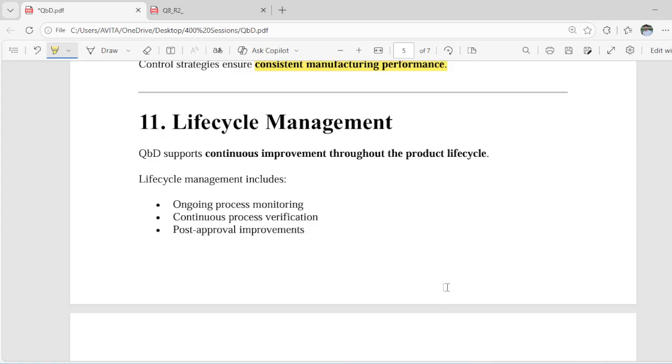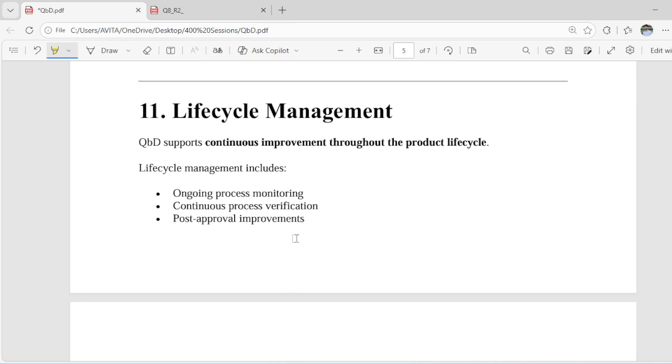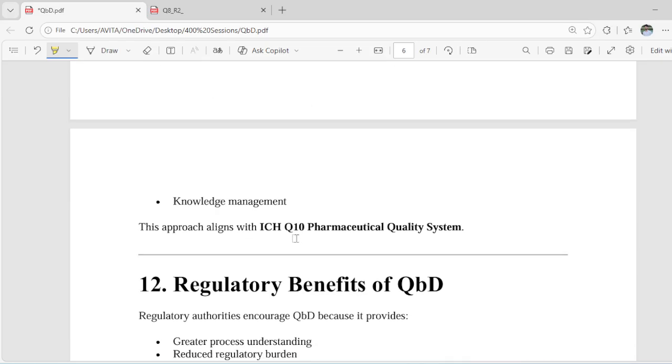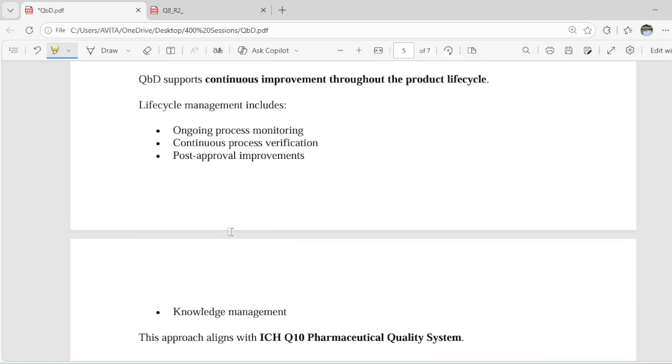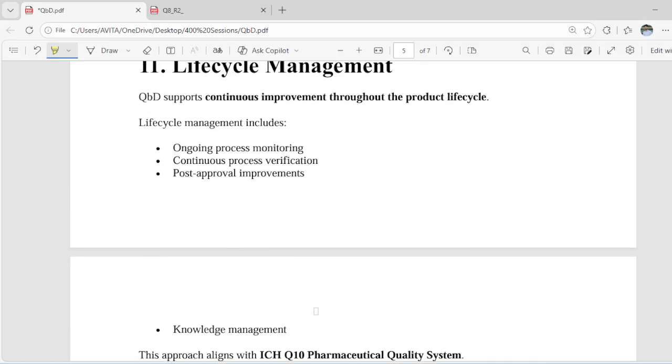And lifecycle management: QBD supports the continuous improvement throughout the product lifecycle. It includes the ongoing process monitoring, continuous process verification, and post-approval improvement. Knowledge management as well, and this approach aligns with the ICH Q10 pharmaceutical quality system.